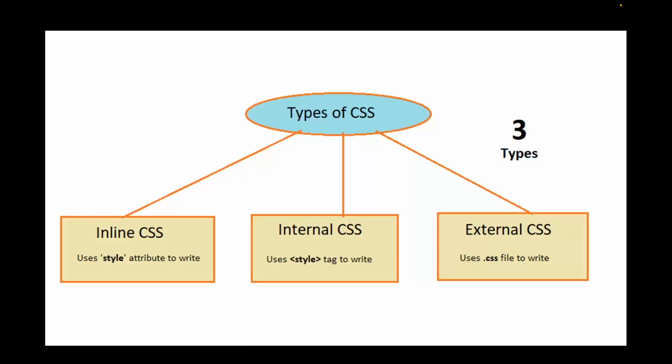And there are three types of CSS: inline, internal and external. Inline CSS applies directly inside the element with the help of the style attribute. Internal CSS is used within the style tag. External CSS uses a separate .css file.